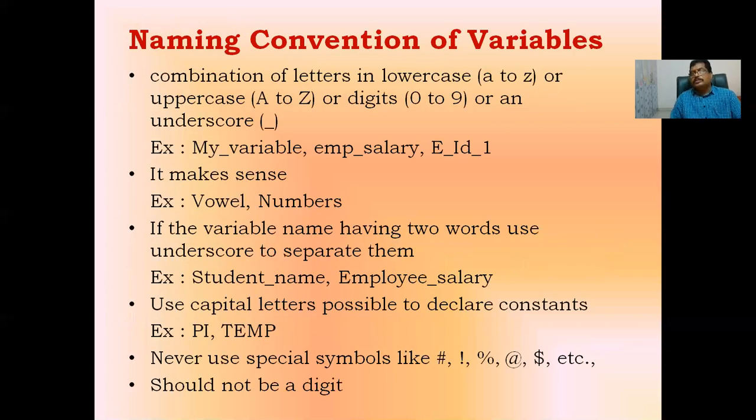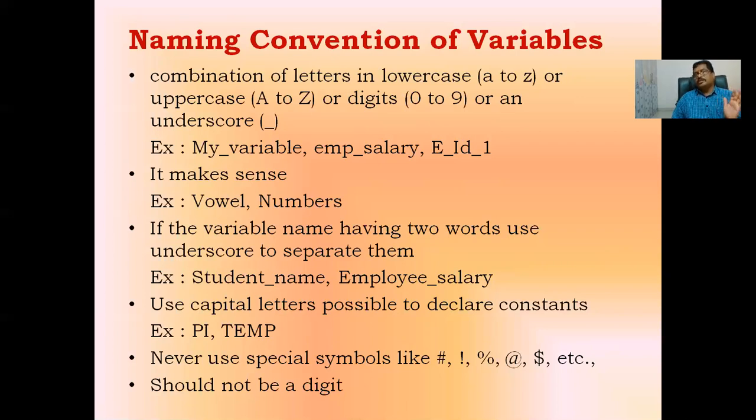Here we consider the naming convention for a variable. While creating variables, we have to follow some rules and regulations. For that, we specify the naming convention of variables. For any variable name or constant name, it is a combination of lowercase letters as well as uppercase letters as well as digits 0 to 9 as well as underscore.